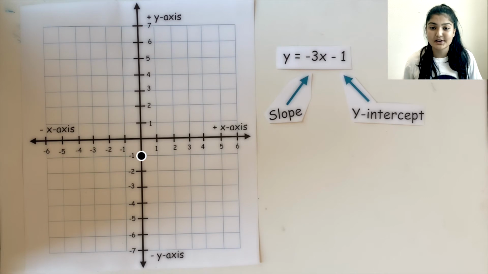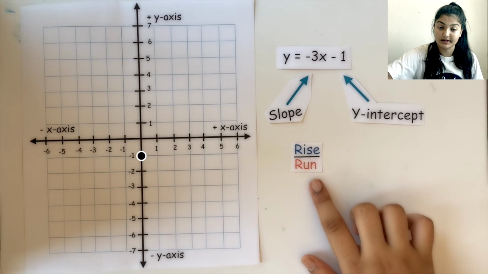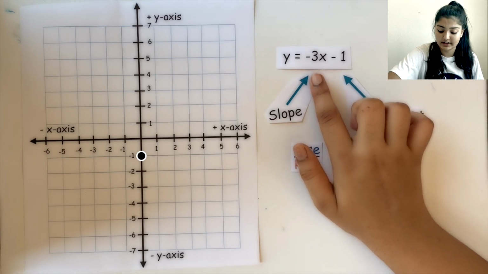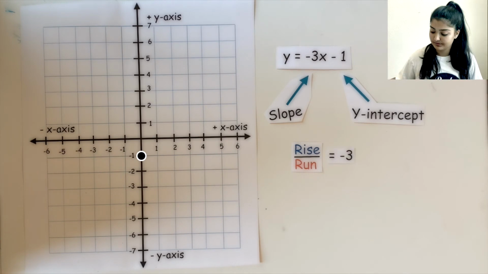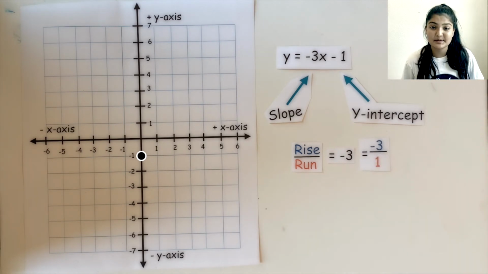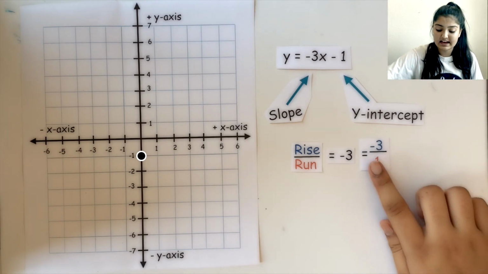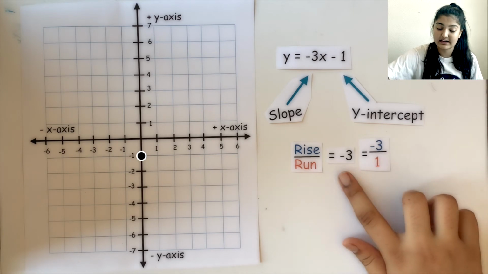Now, in order to find another point, let's look at the slope. We calculate slope as the rise over the run, which in this case is -3. So let's rewrite the slope like this. Keep in mind that -3 upon 1 is simply -3.